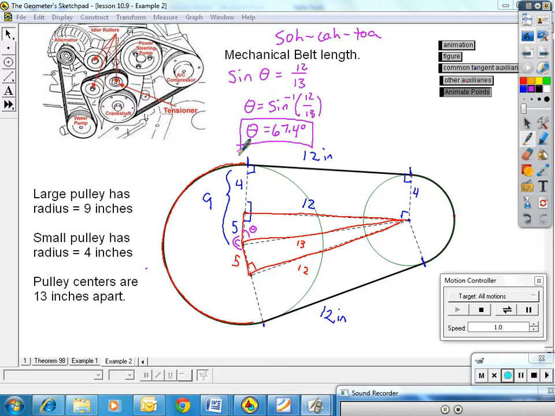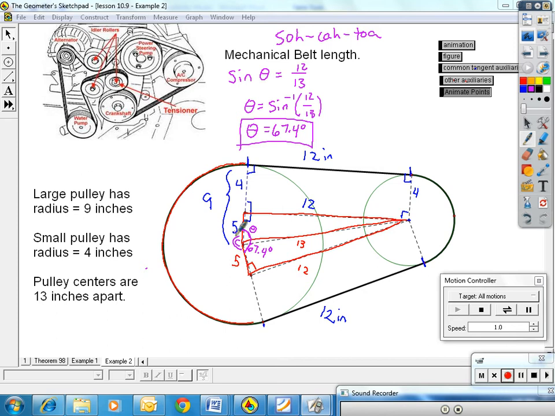So we've just found this theta. That makes this one 67.4 degrees as well. If I multiply those by 2, I have now found that this angle here is 134.7. And I want to know this one.